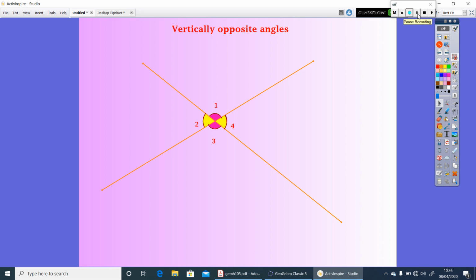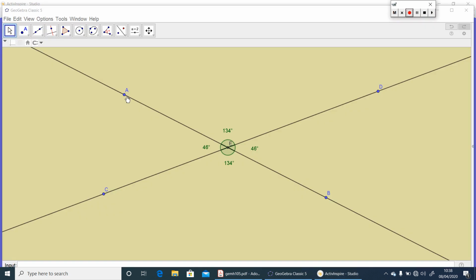Now let us look at the measures of these vertically opposite angles. Here AED and BEC are vertically opposite angles. Now look at the measure of these two angles. Here 134 degrees, here also 134. That means vertically opposite angles are equal. The other pair, look at AEC and DEB. Both are 46 degrees.